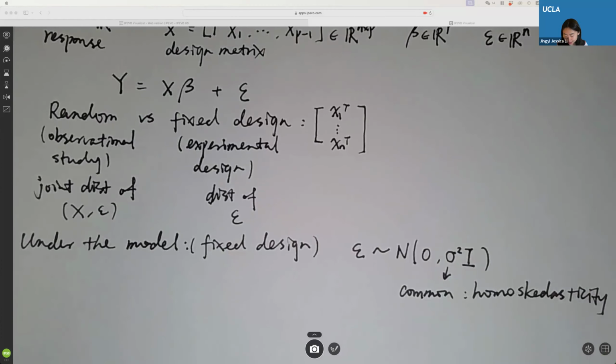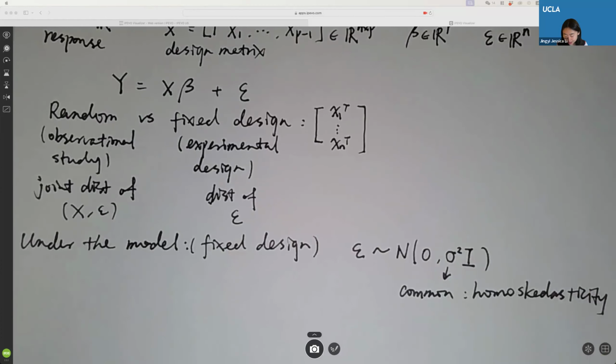So therefore, if I continue to write it, this term can be written as sigma squared times X transpose X inverse X transpose, continuing with X times X transpose X inverse.